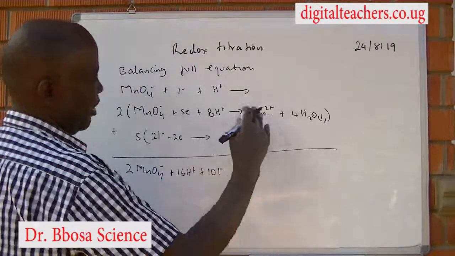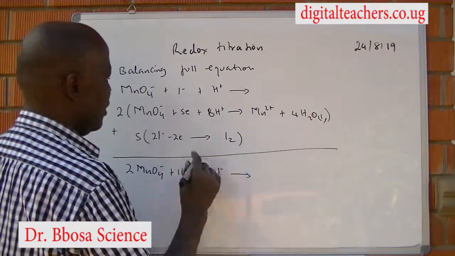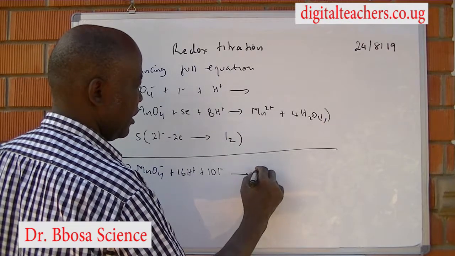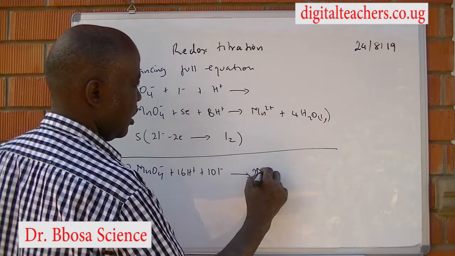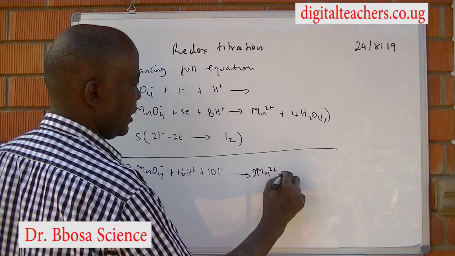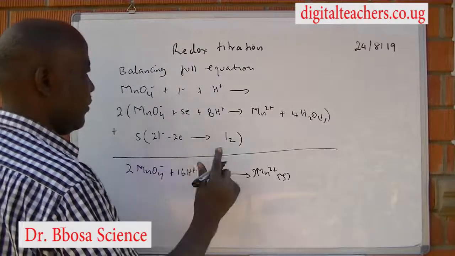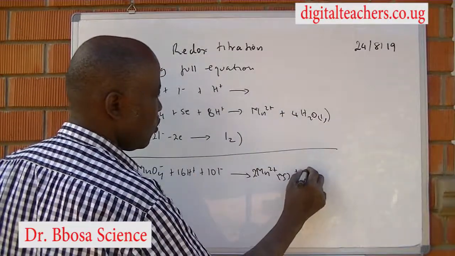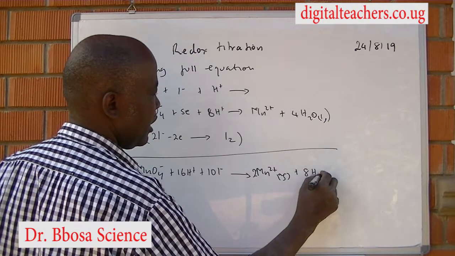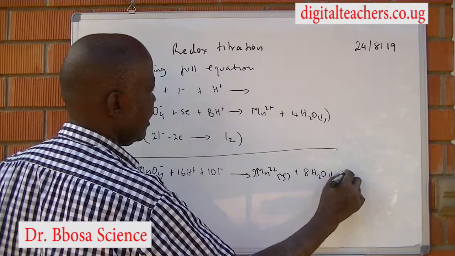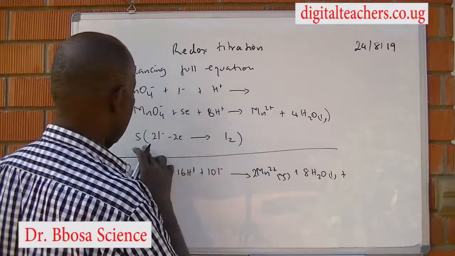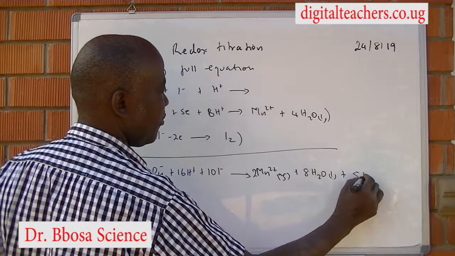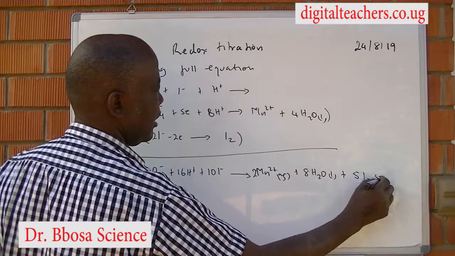Then you write whatever is on the right on this side. So this 2 times manganate ions, you get 2 Mn2 plus aqueous plus 2 times 4, which is 8 H2O liquid, then plus 5 times iodide, so you get 5 iodine aqueous.